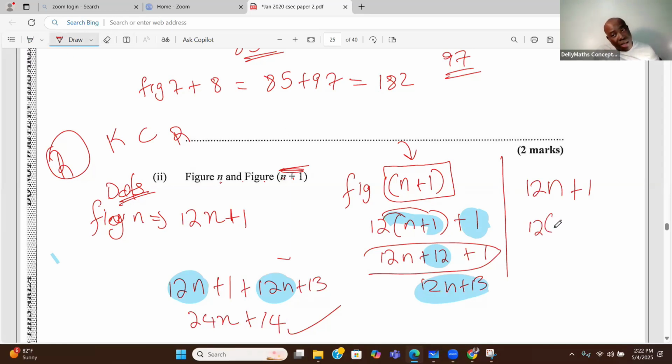So it's the same thing. Here, n plus 1 is the new thing. The plus 1 is still out there. It could have been an 8, it could have been a 7, but they said it's n plus 1. Put it in there. What you would know algebraically, this is a binomial. So 12 times n, 12n. 12 times 1 is 12.